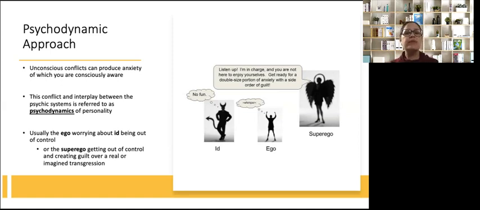Typically, according to Freud, the ego is constantly trying to balance out the id and the superego. The ego is sort of stuck in the middle. Okay, so that's how you can think of this. It's trying to make sure that the id, that pleasure seeking part of yourself, isn't out of control, so you aren't just giving in to every impulsive urge you might have. And then the ego is also balancing the superego, right?